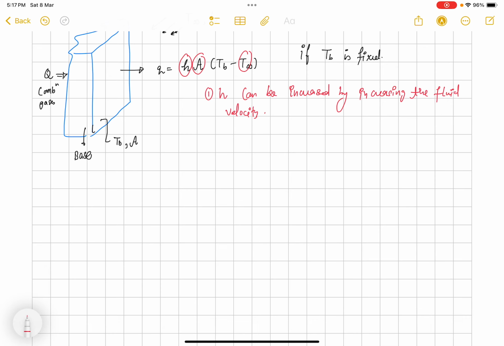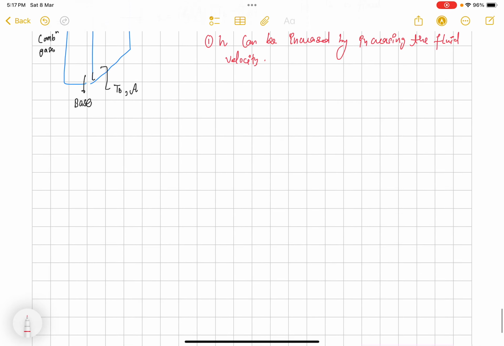And the cost we have to pay comes in terms of a blower or pump or fan. So the cost will increase if we increase the fluid motion.